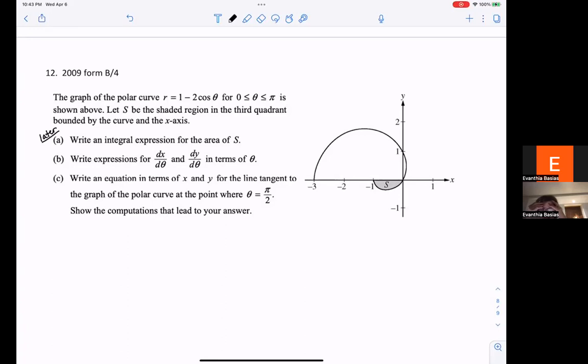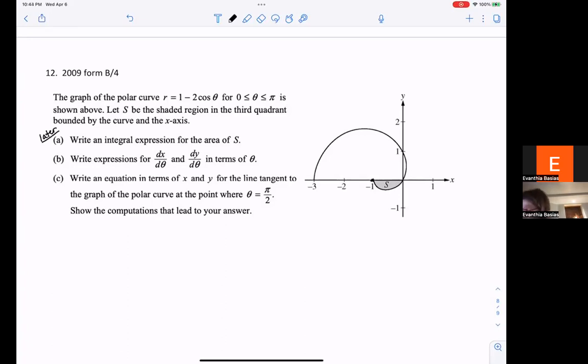Because notice it's graphed in the interval from 0 to pi. And if you plug in 0, well, cosine 0 is 1. So we get 1 minus 2, which is -1. And notice how we get this point here.